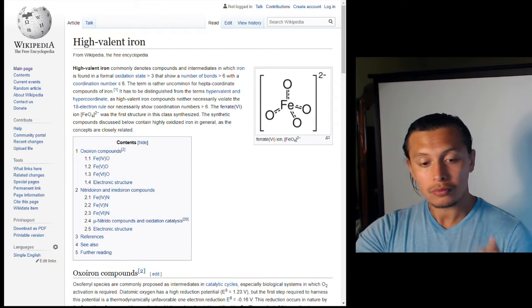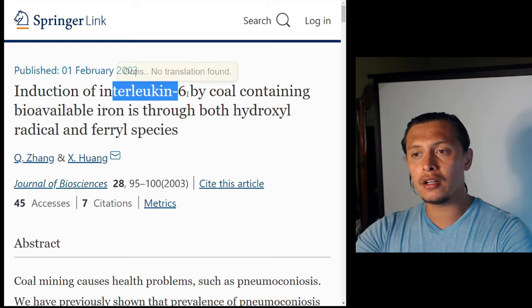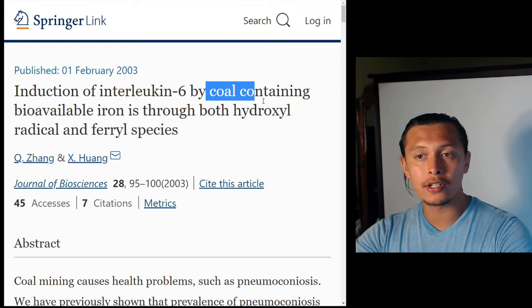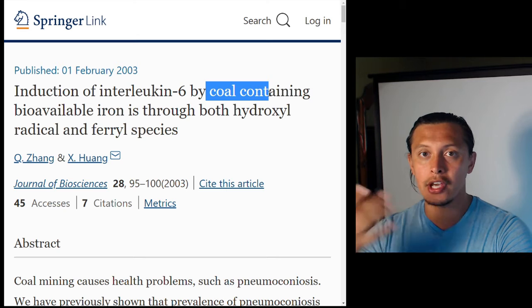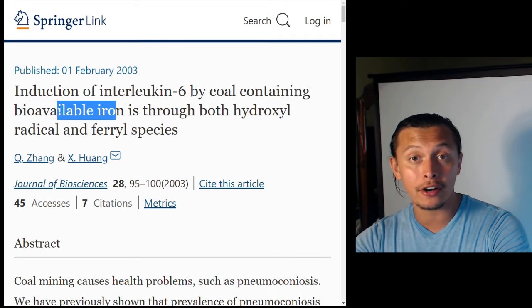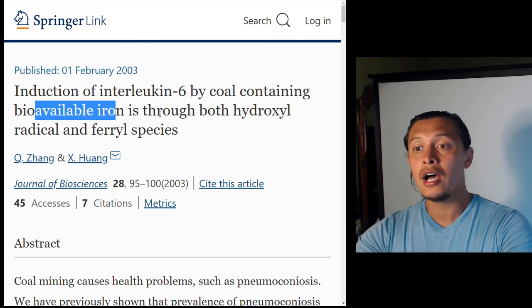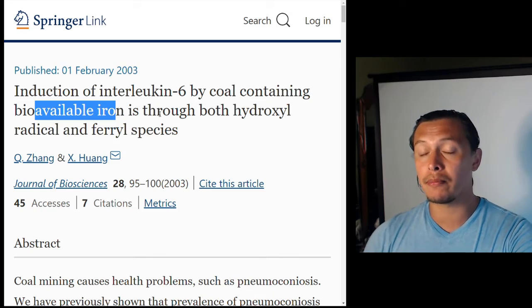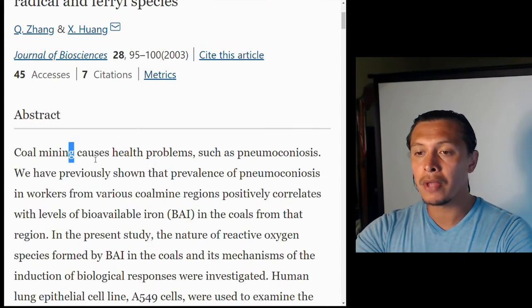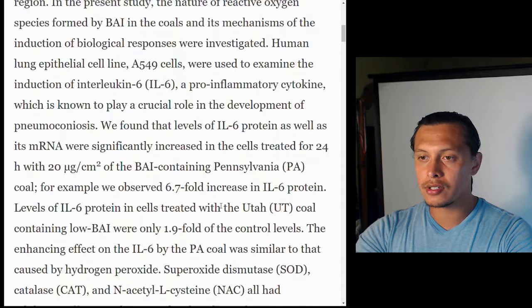When there are people who work in coal mines and they breathe in, say, coal dust that has a lot of iron, especially bioavailable iron, this can result in a very pro-oxidative environment. So here I'll just read through the abstract.